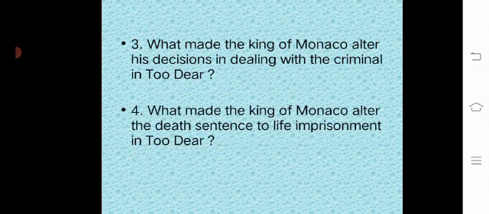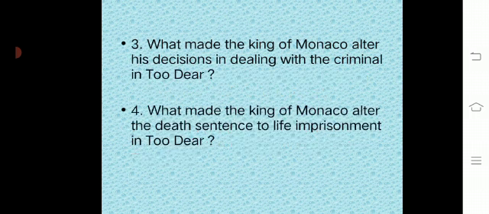The third question reads, what made the King of Monaco alter his decisions in dealing with the criminal? So all the decisions, right from giving him the death sentence up to agreeing to give him a pension and sending him away. Why did he keep on changing his decisions every now and then?